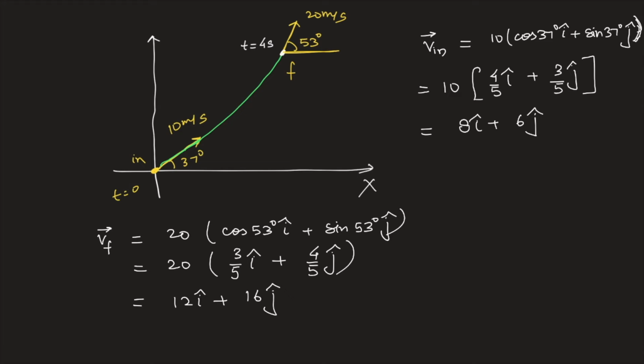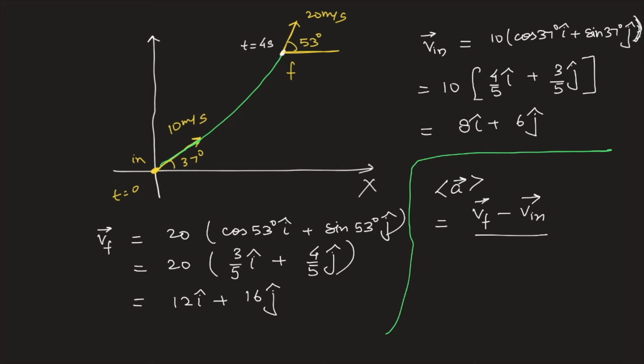Now the average acceleration, I can draw a demarcation line. I just don't want to confuse you here. So average acceleration would be final velocity minus initial velocity divided by time, and time is 4 seconds. You can see it from the problem, 4 seconds. So final velocity is 12 î plus 16 ĵ minus 8 î plus 6 ĵ.